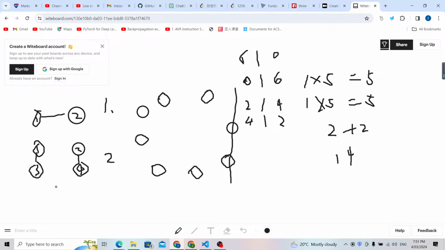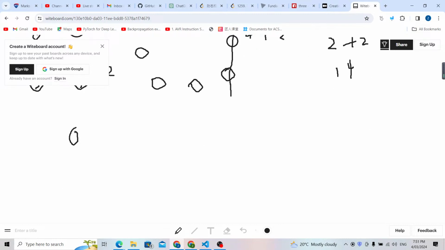So what about 6 people? If there are 6 people, there will be 5 ways. I'm not drawing all of them, but I will explain. Some cases might be possible, or some cases might not be possible. So if we choose these two people first, is that possible from the left side and the right side?